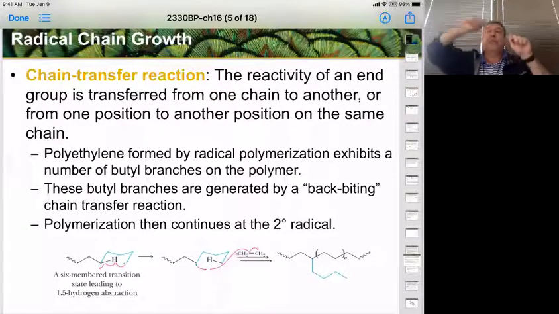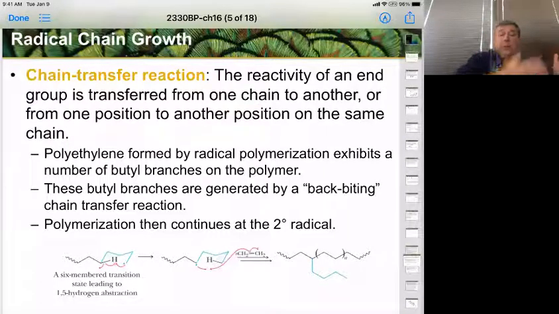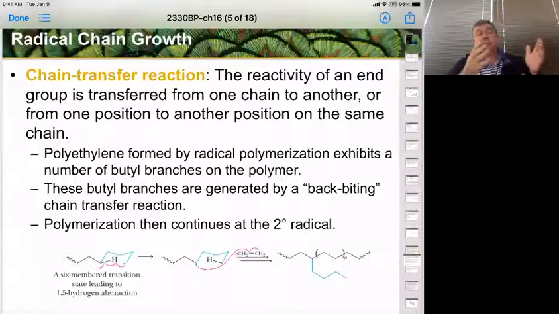But whatever length of chain wrapped around and touched the other side and took away that hydrogen is now the chain coming off, okay? So it's really common to make a 5-membered ring or a 6-membered ring or an 8-membered ring when you do this. So your chains tend to be butyl branches and hexyl branches and octyl branches when they do it.